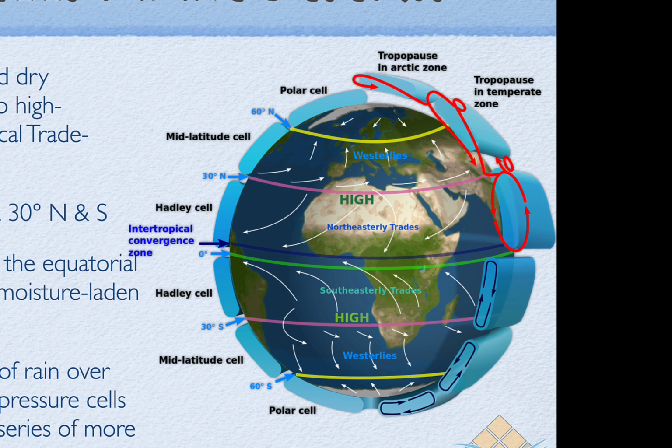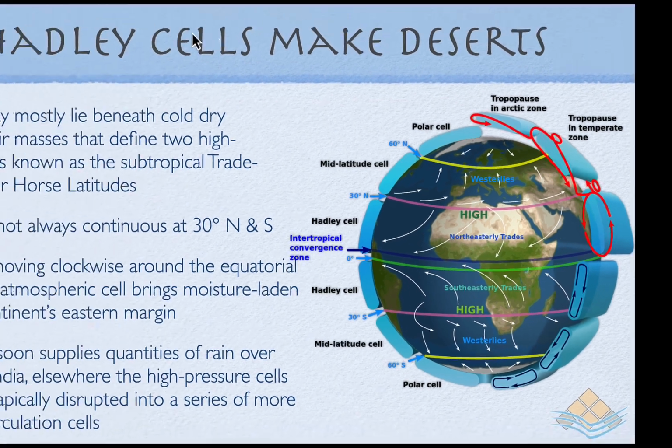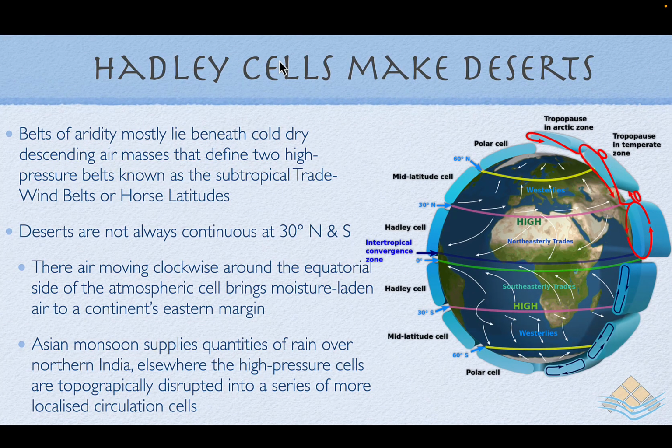So we have belts of relatively moisture-depleted cool air that's warming as it approaches the surface, and so that increases the air's moisture-carrying capacity. So we tend to form deserts in those regions. So these belts of aridity lie mostly between the cool, dry, descending air masses of the Hadley cells, north and south of the equator. We set up belts of atmospheric circulation that are known as the subtropical trade wind belts or the horse latitudes.